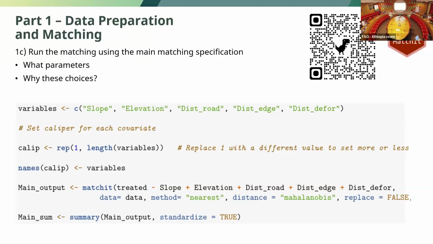And just a note on the caliper. The caliper is an important parameter that states the acceptable difference between matched pixels.